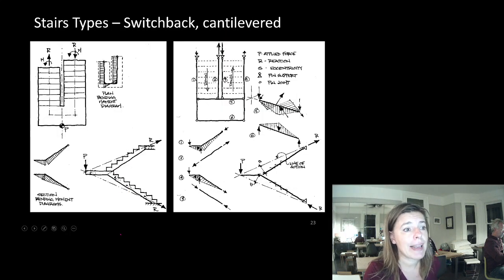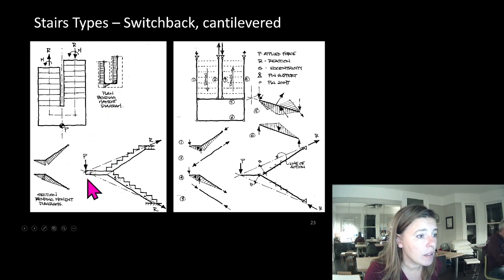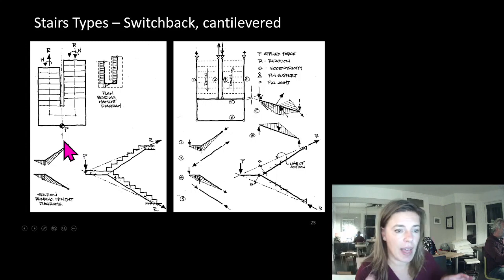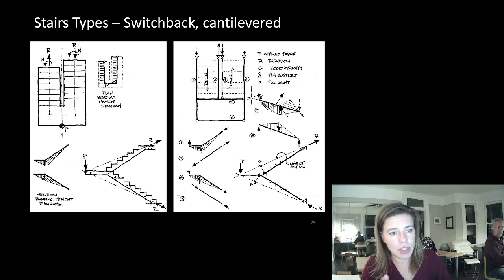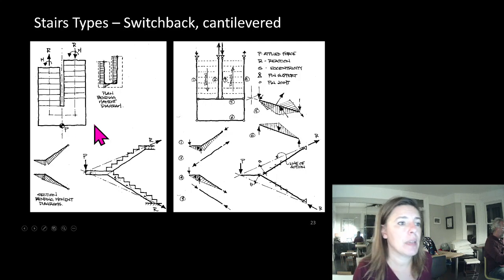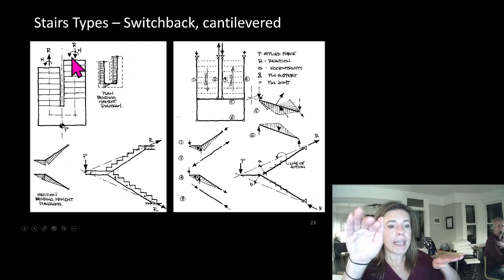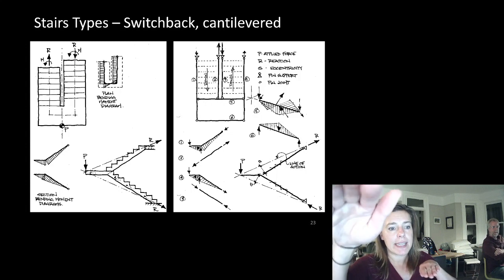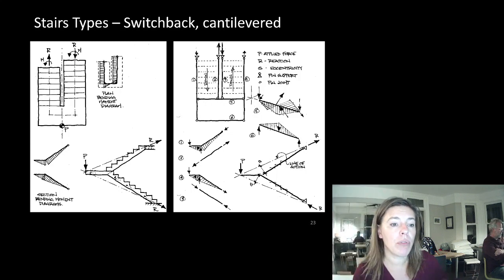This is a switchback cantilevered, and due to Dave's beautiful drawings, we can see that we have an unsupported location here, and Dave has taken the time to draw what is happening within the stair. Now look at this. You can imagine that standing on that, if you move off to the side, your stair wants to rack a little bit, which means we can't release that lateral force in our stairs.